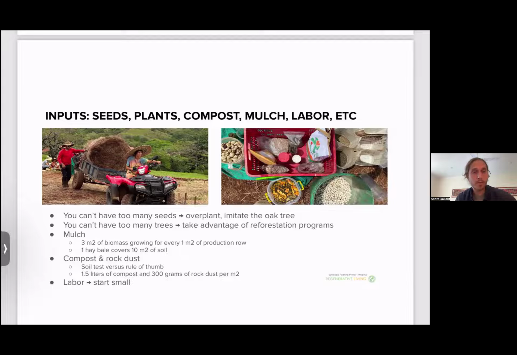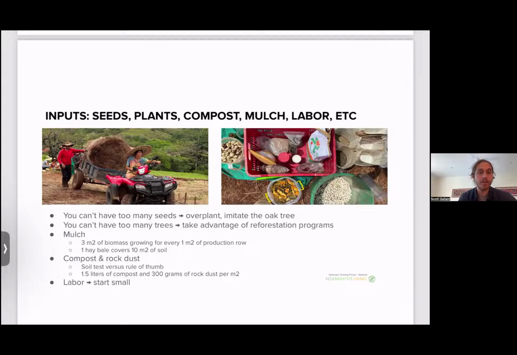The other main inputs we look at in these systems are mulch, compost, rock dust, and of course labor. For mulch, compost, and rock dust, we have rules of thumb. For example, for compost, we often apply 1.5 liters of compost and 300 grams of rock dust per square meter.